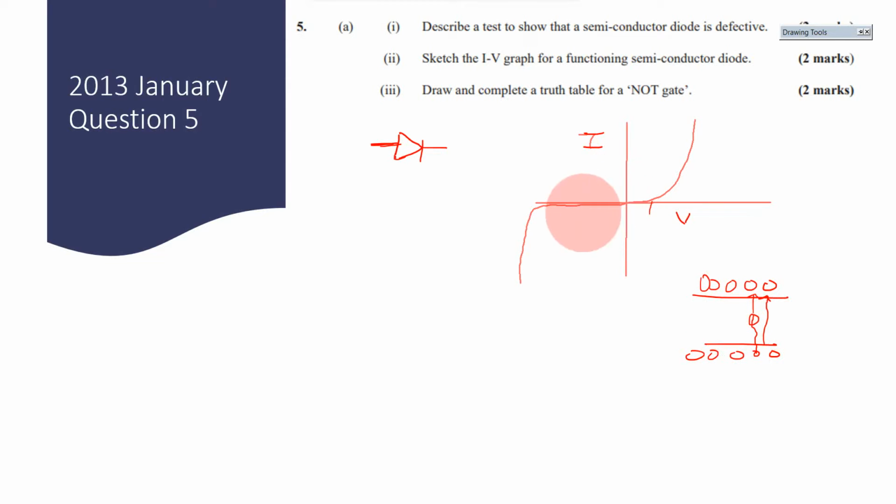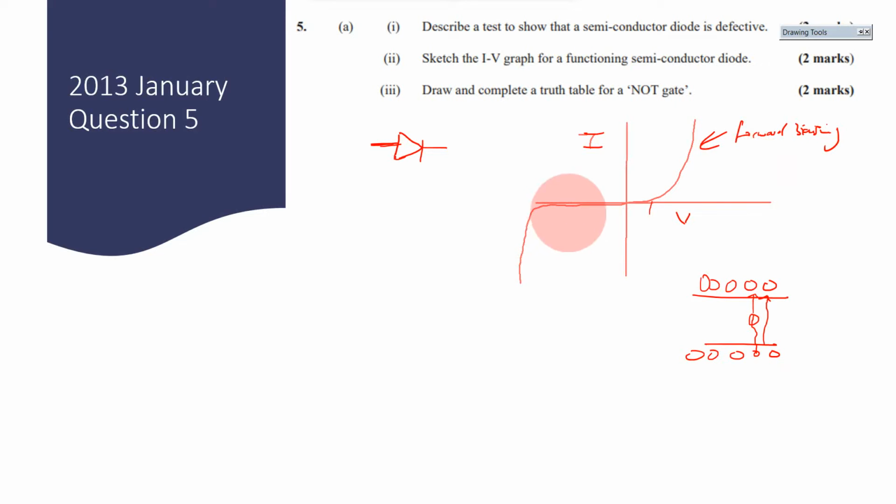Now, what we are seeing here, whenever we have this portion of the graph here, this is explaining forward biasing, right? This is explaining forward biasing, and as we said, that is when the diode is conducting perfectly.